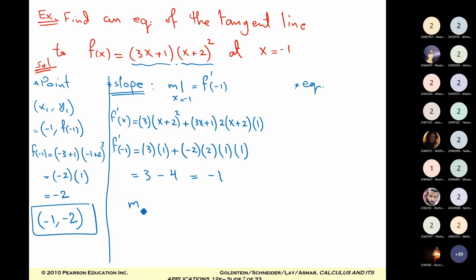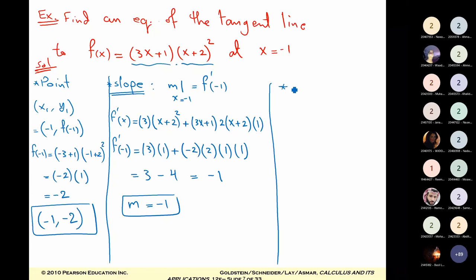Now the slope equals negative 1 and we have the point, so we can find the equation. For m equal negative 1 and the point negative 1 and negative 2, this is x1 and y1. y minus y1 equals m multiplied by x minus x1.